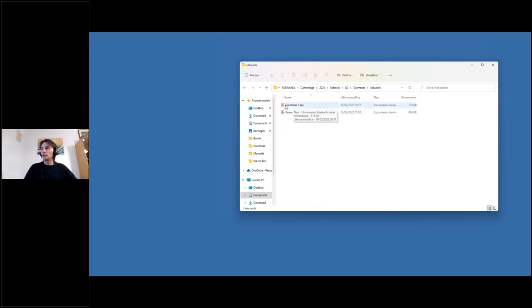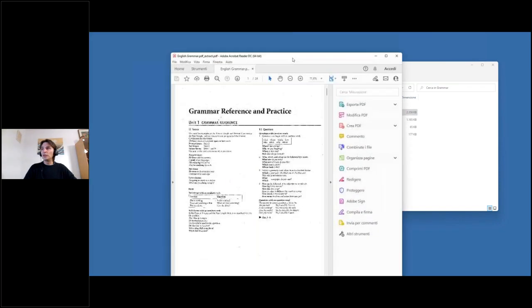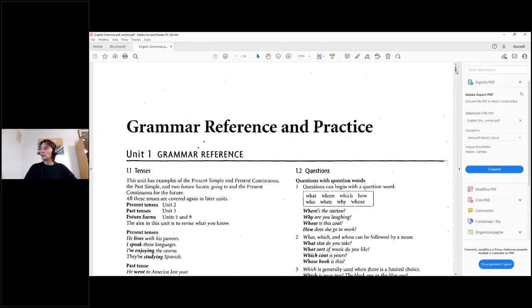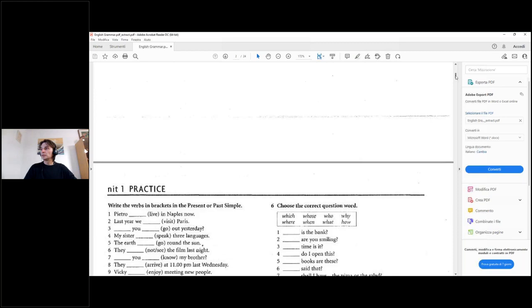So we covered grammar 1, grammar 2, so you're going to find the grammar 1 and grammar 2 key files under the soluzioni, right, the solutions in the grammar folder. Keep in mind that you can always print if you need. If you're more comfortable with a paper version of the grammar reference and practice, feel free to print it.